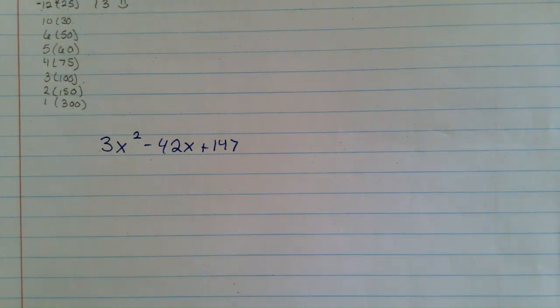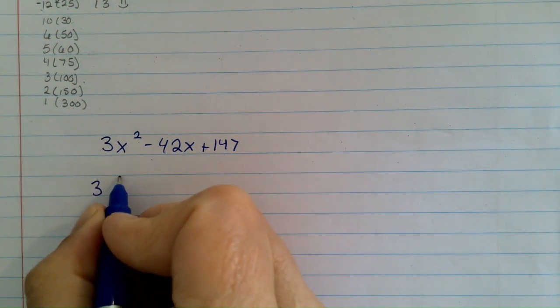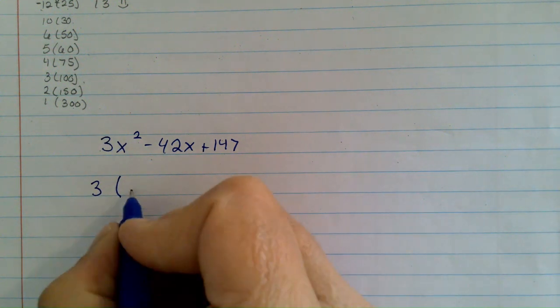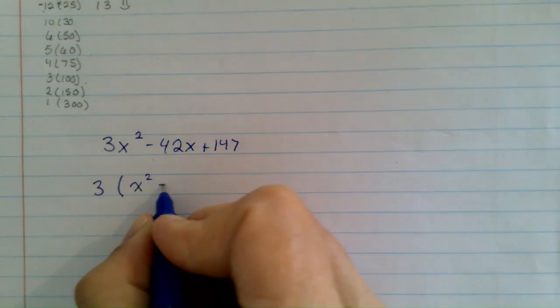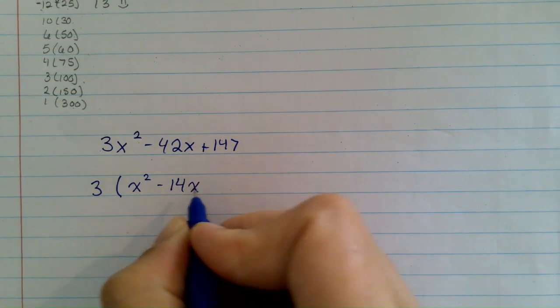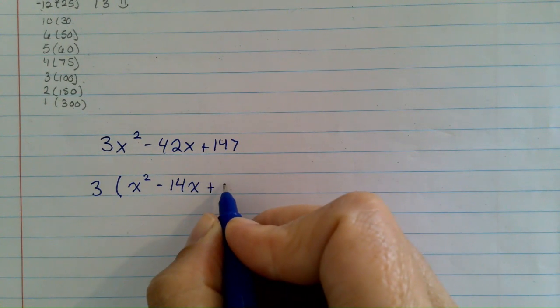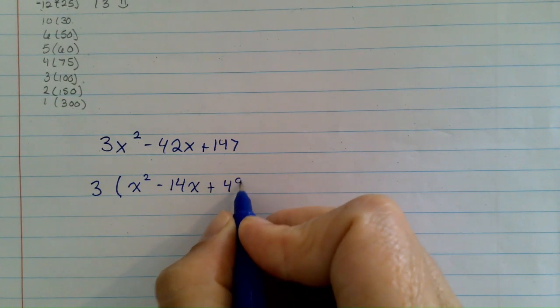If you were to try to use the box on this one right now, it would not be very effective, because the box is most effective if you have already taken out your GCF, and in this case we have a GCF. So if I factor out the 3, that would leave me with 1x squared, 14x, and 49.